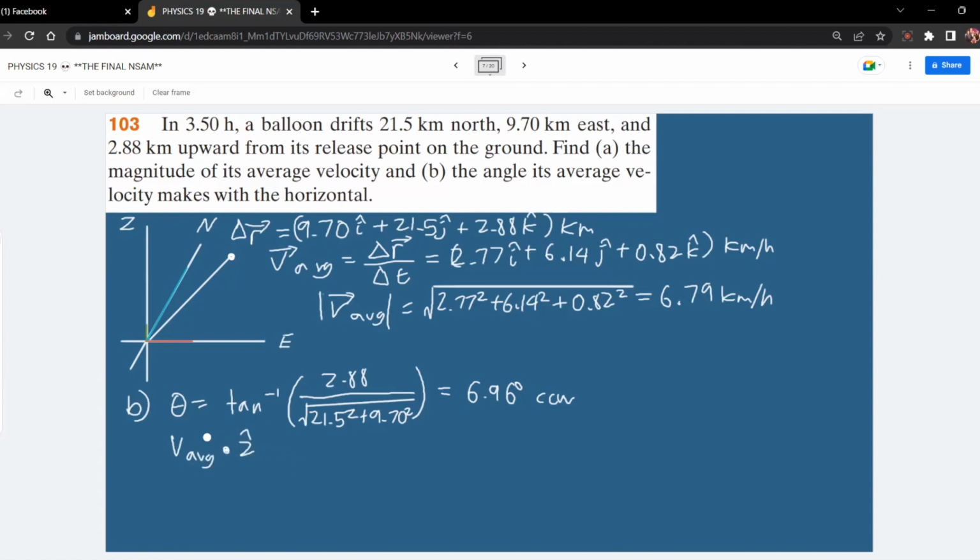The vector dotted with z hat is equal to the magnitude of V average times the magnitude of z hat, which is 1, times the cosine of the angle between the two. Very intuitive that product. Oh wait, walang magnitude dyan kasi vector yan eh. Okay. So this is 6.7.